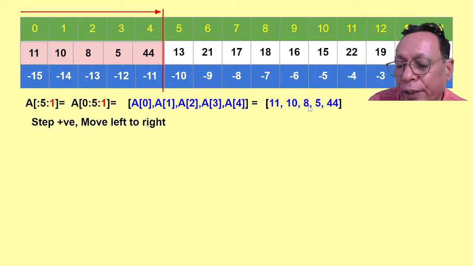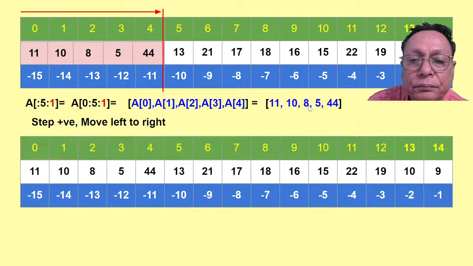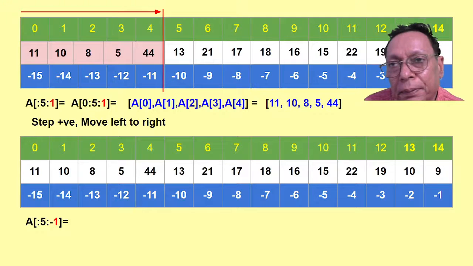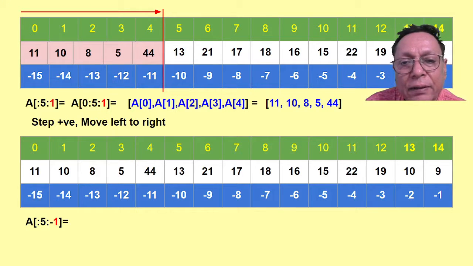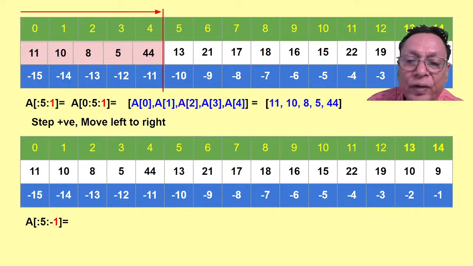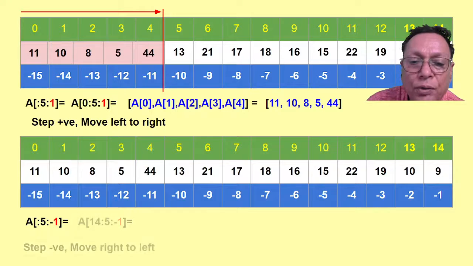Moving left to right. Now next, in this example, where start is omitted and stop is given, but the step is -1, it means you are moving right to left. So how to move right to left?